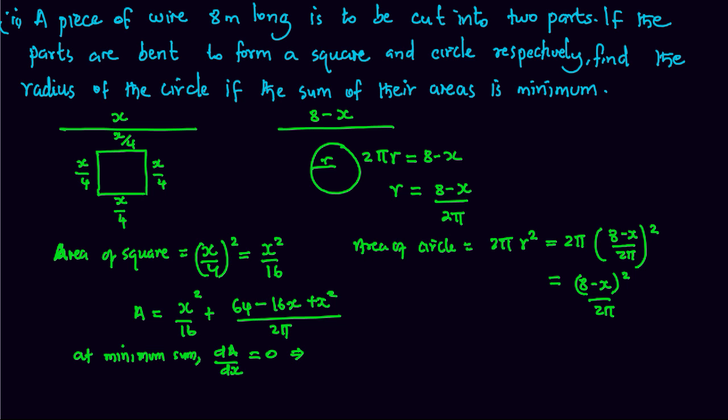Meaning 2x over 16 minus 16 over 2 pi plus 2x over 2 pi is equal to 0.